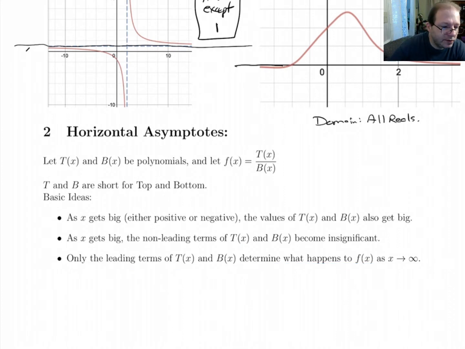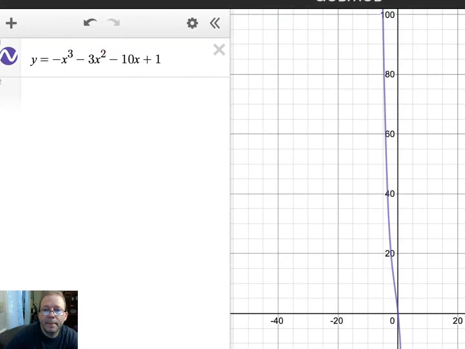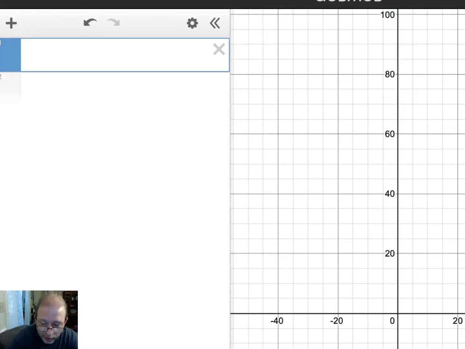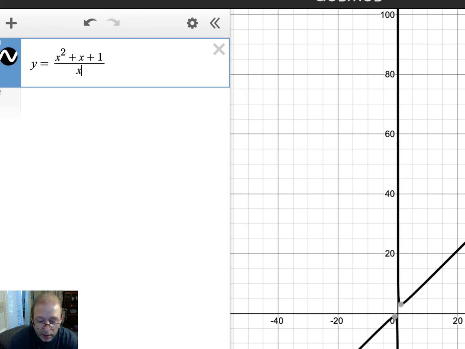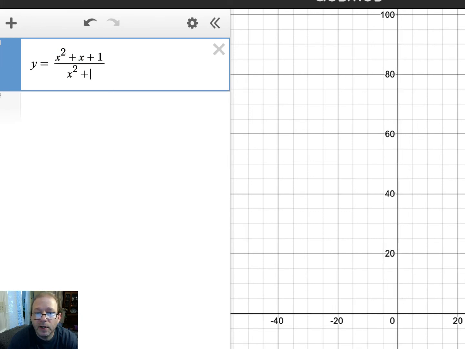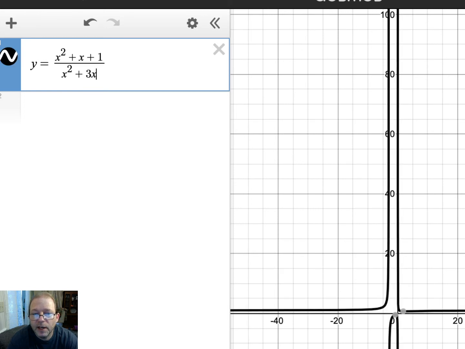So let's play with this a little more. I'm going to put in a rational function. I'm going to put in x squared plus x plus 1 over x squared plus 3x plus 5.